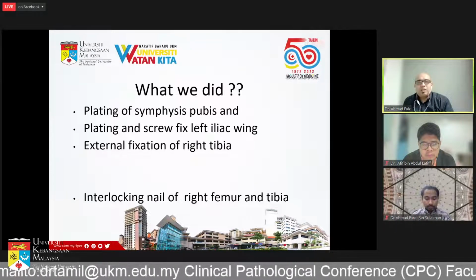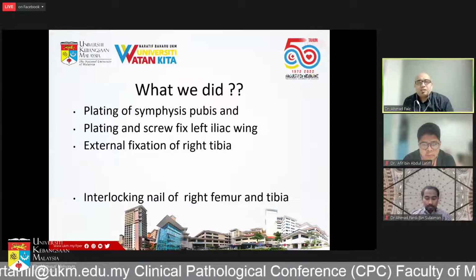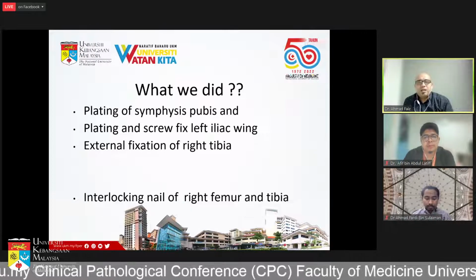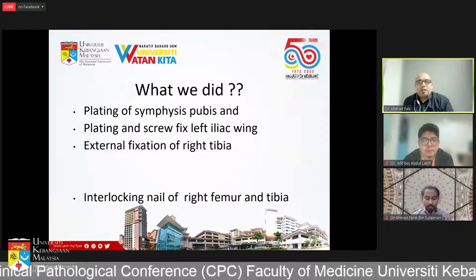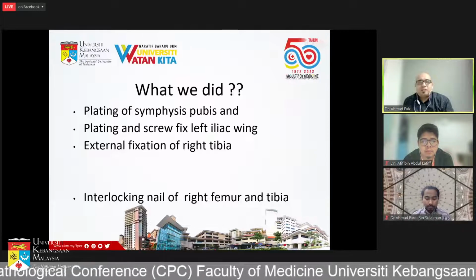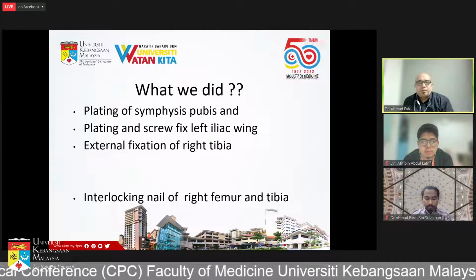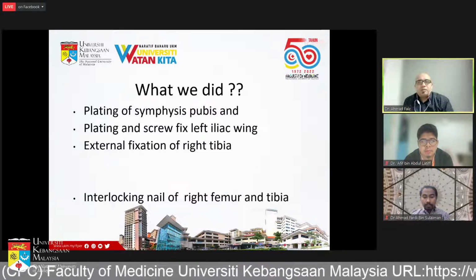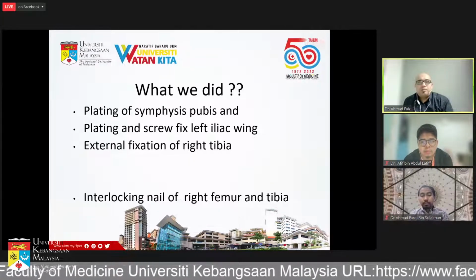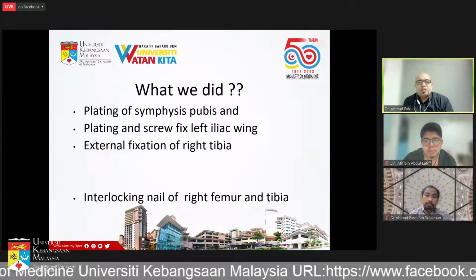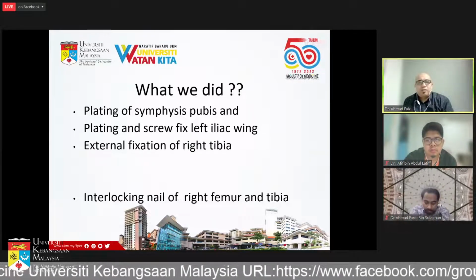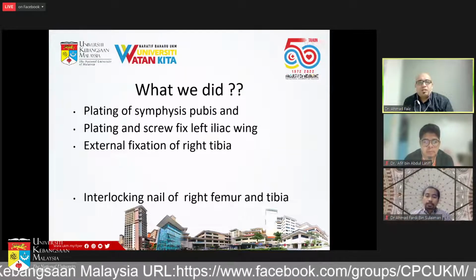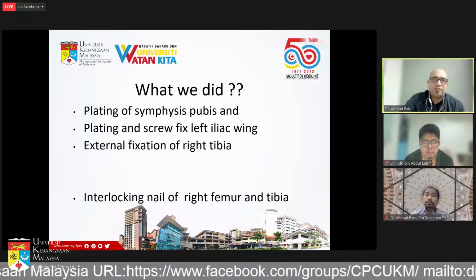So we straight away did the pelvis to allow immediate stabilization, and we did external fixation of the right tibia to stabilize the right lower limb. Subsequently, post-operatively, the patient remained stable, and after the second day, we went in again to convert the external fixation of the right tibia to an interlocking nail of the right tibia and also the right femur.